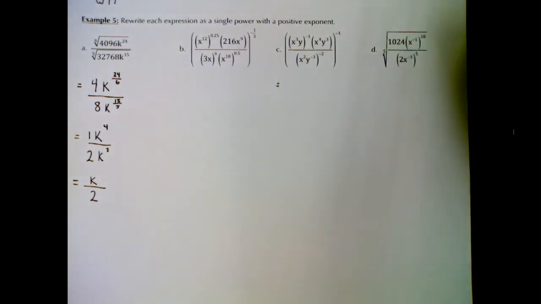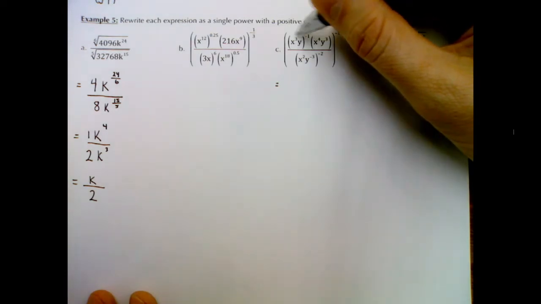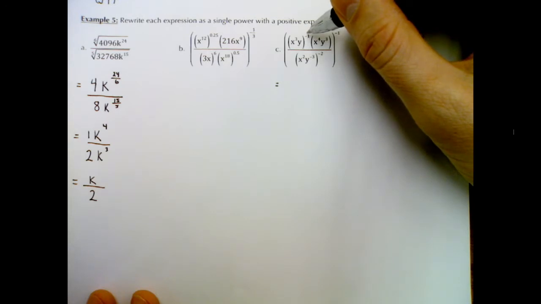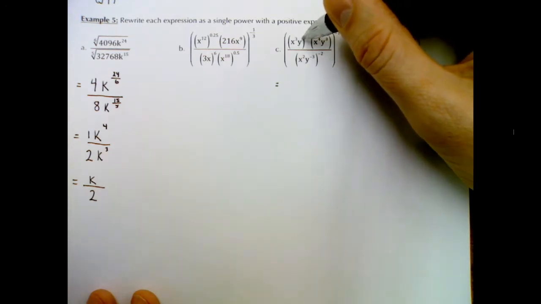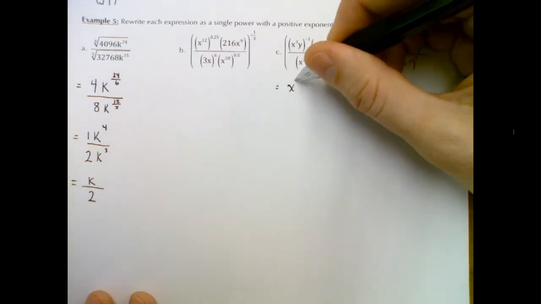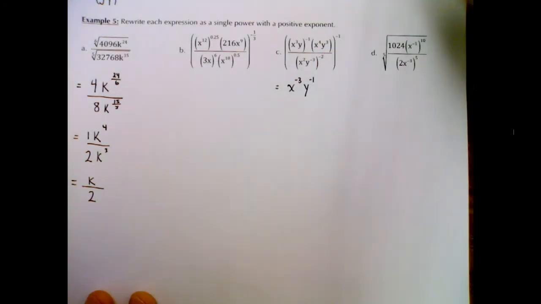So let's try that. We've got a -1 outside this bracket. So what I'm going to do is apply the exponent of a product rule, and multiply or distribute that -1 to both those terms. So that'll give me x to the exponent -3, y to the exponent -1.